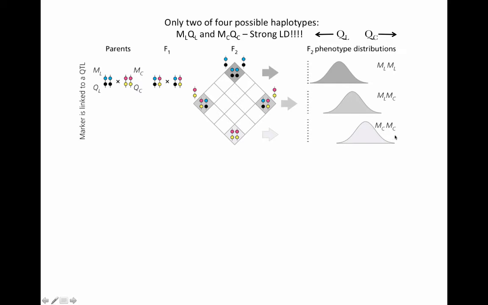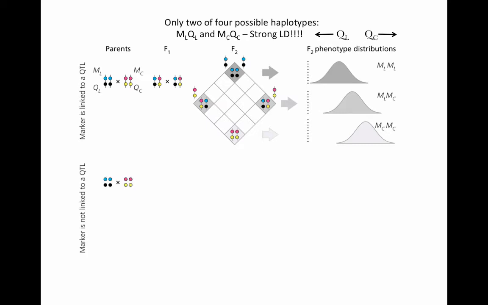Now if we look at the homozygotes for the cardinalis marker, this light gray, all of the homozygotes for the cardinalis marker are also homozygotes for the cardinalis QTL, so we get a phenotype that tends to be more like the cardinalis phenotype. So in this case, because they're in linkage disequilibrium, we've got a strong association between the marker genotype and the phenotype position, whether it's more toward the Louisii or more toward the cardinalis phenotype.